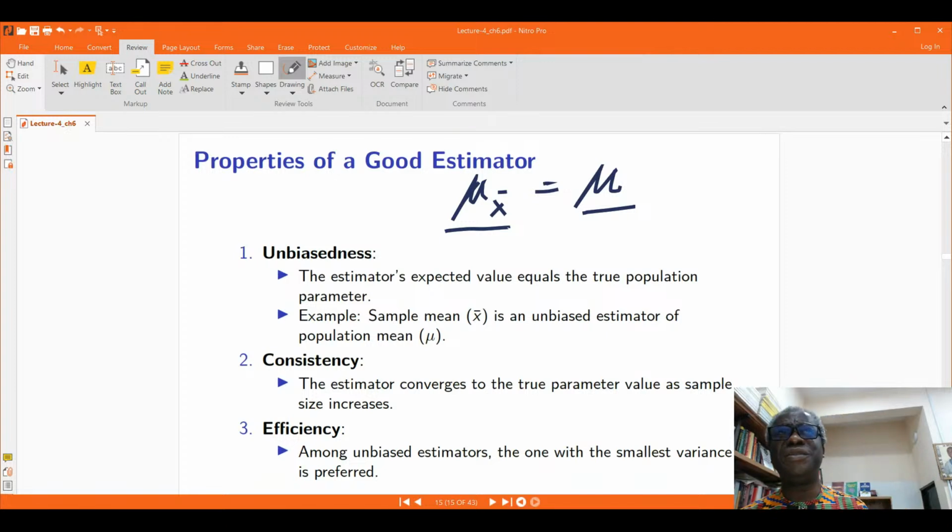So if you are checking for consistency, you see the behavior of that estimator as more observations are taken.